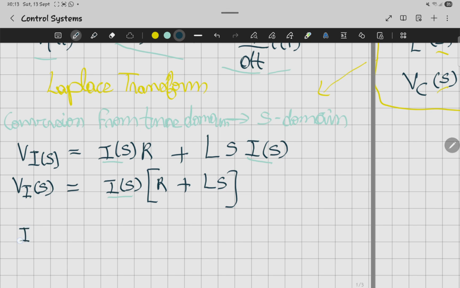So if you divide to remove this from this side and move it to the other side, you will get something like this: V(S), the input, over R plus LS. Okay, so this is what you're going to get here.